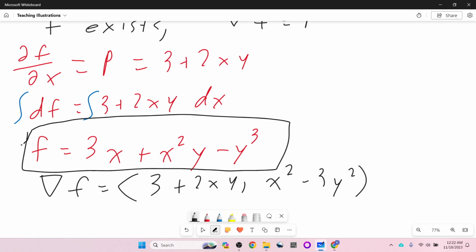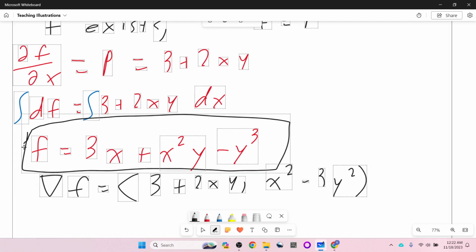Now, with that said, we can actually state what the fundamental theorem of calculus for line integrals is. For some reason I don't have it written in my notes, so I'm going to open up the textbook just to make sure that I don't leave anything out.